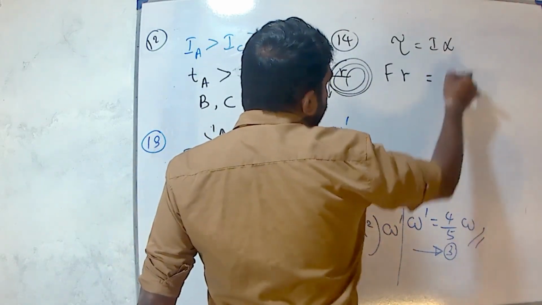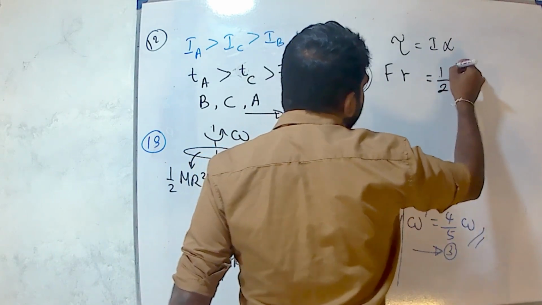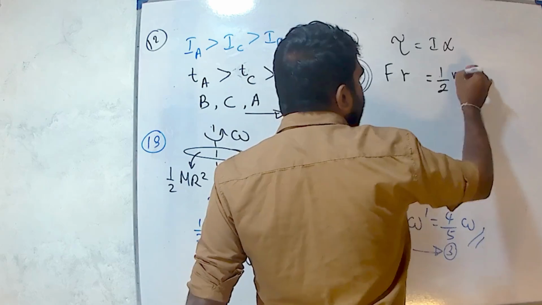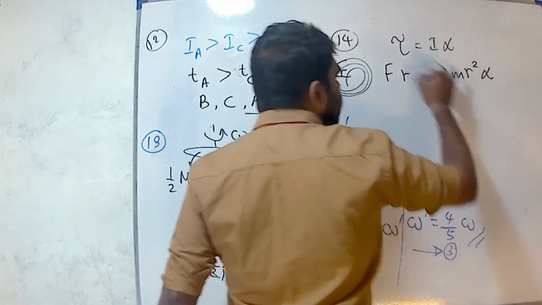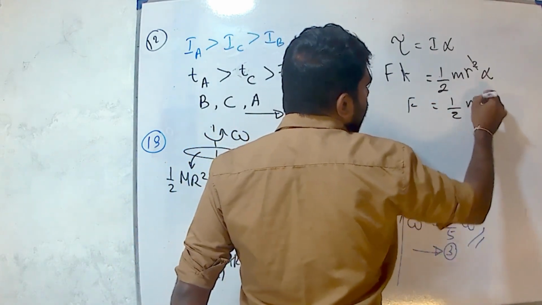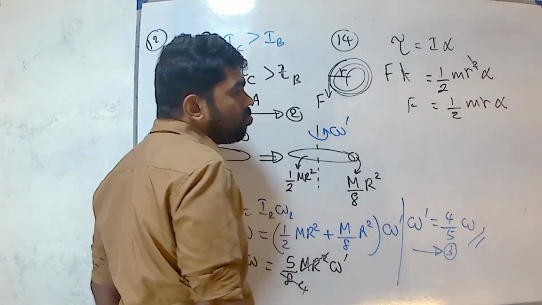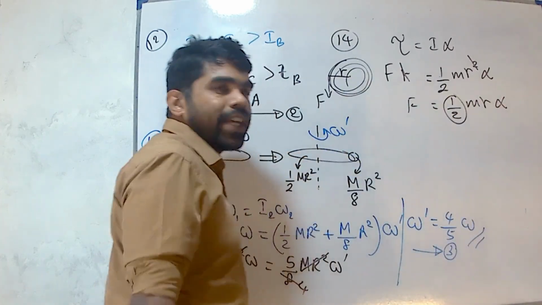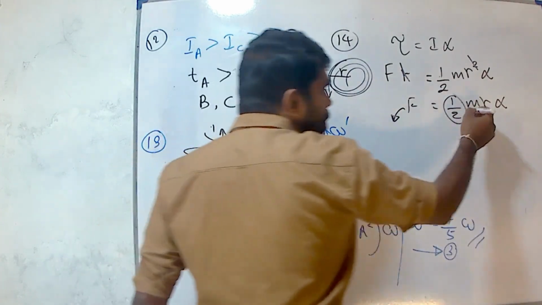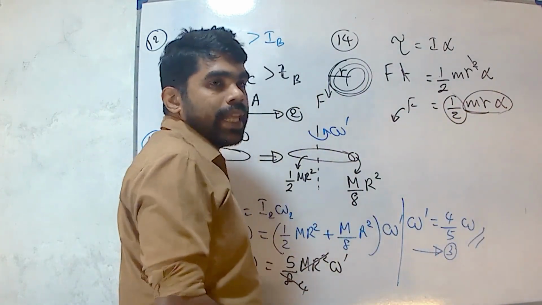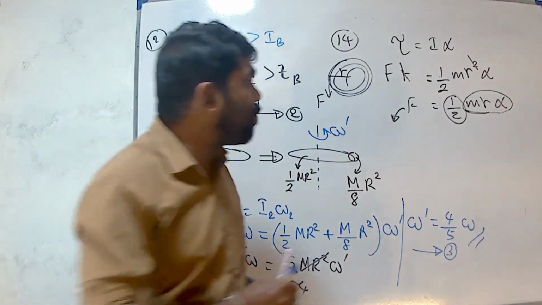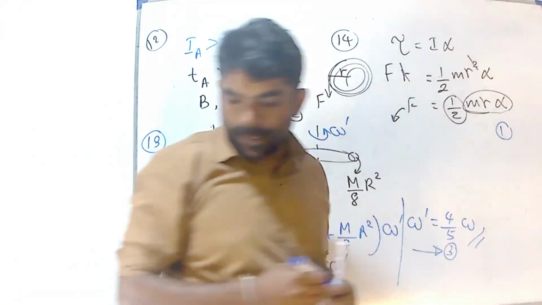This should equal the moment of inertia, half mr squared, since we can consider it as a circular disc, times alpha. Now we can cancel out one r term: F equals half m r alpha. Since half is constant, when the reaction force is constant, m r alpha should be constant. That is the answer. The answer is 1 for question number 14.